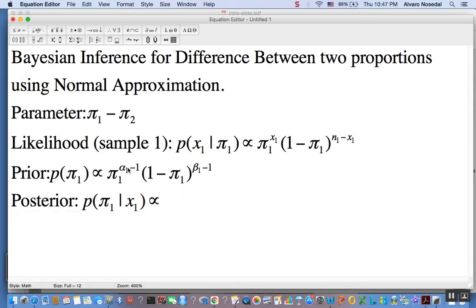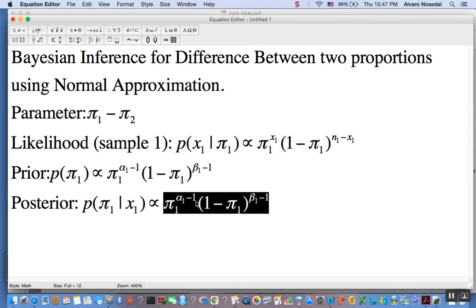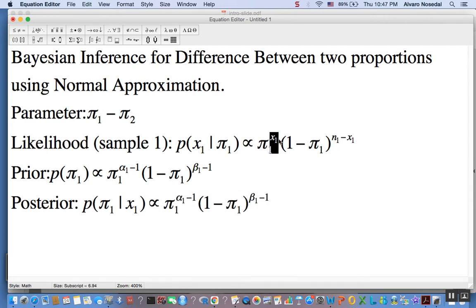So we're going to have something like this, but we take into account the information coming from our prior. So now we will have x1 plus alpha 1 there for the first exponent, and for the second we're going to have n1 minus x1 plus beta 1.